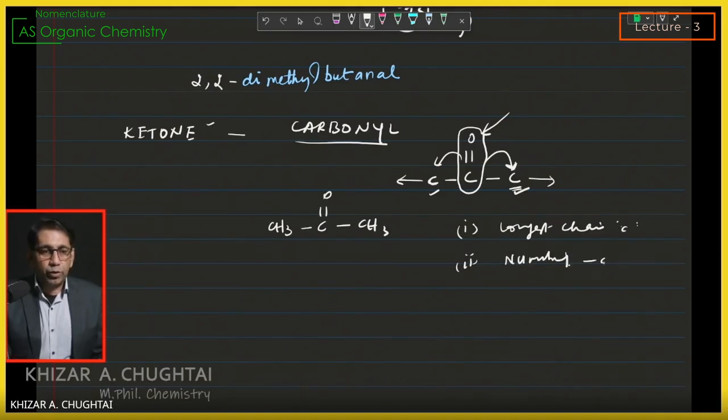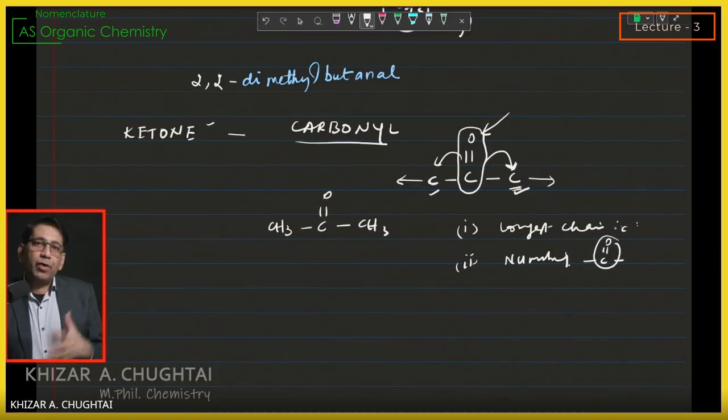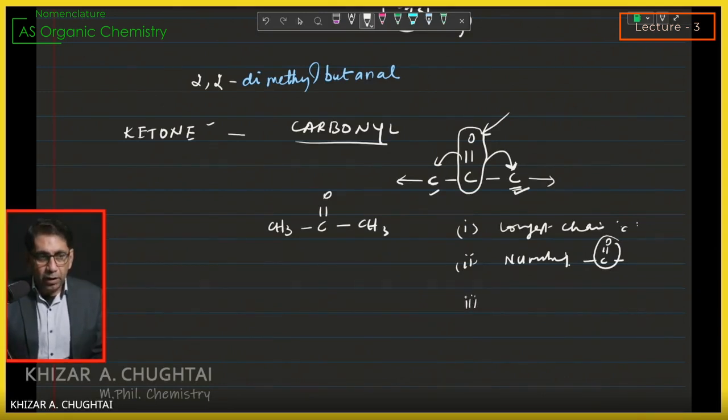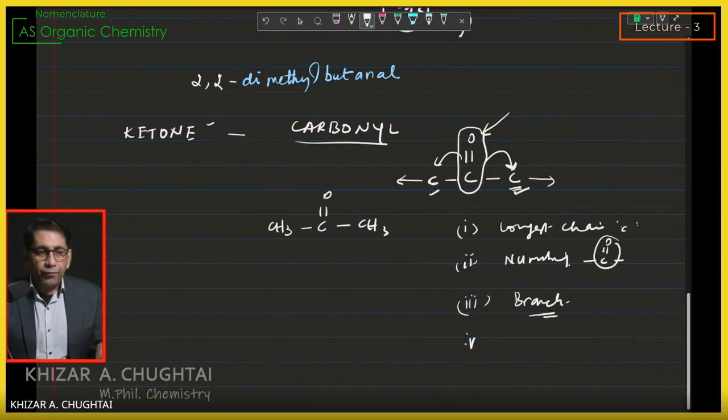Numbering will be with respect to the C double bond O group. It will start from the end which is closer to the C double bond O. And finally, if there are branches, you will highlight the branches. And finally, you will write the name of the compound as I told you in my previous lecture.